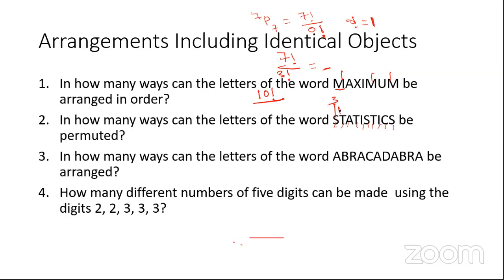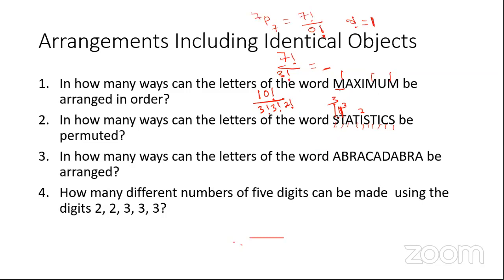T is also repeated 3 times. A is not repeated. I is another letter that is repeated, 2 times. C is not repeated. So you are going to say divided by 3 factorial, divided by another 3 factorial, and divided by 2 factorial.